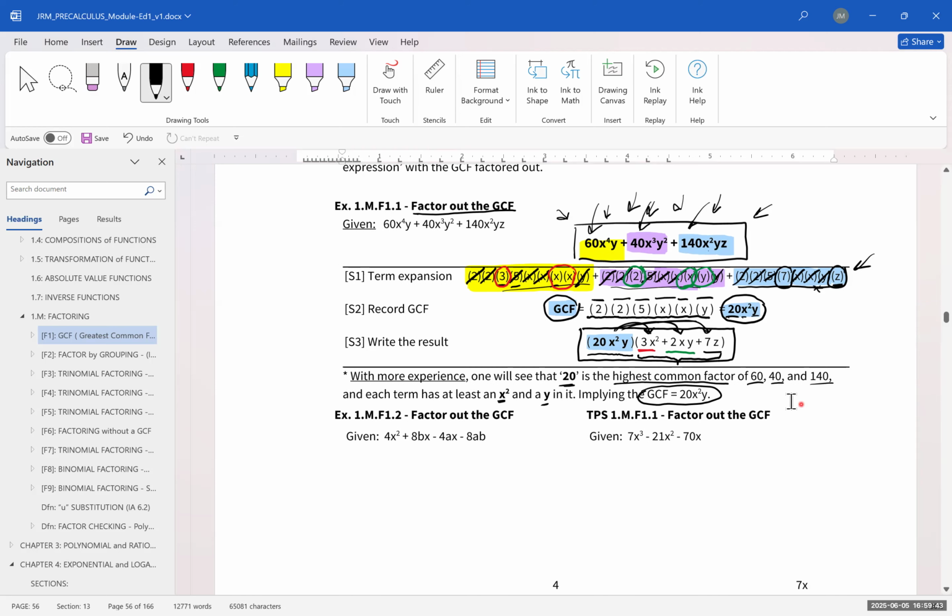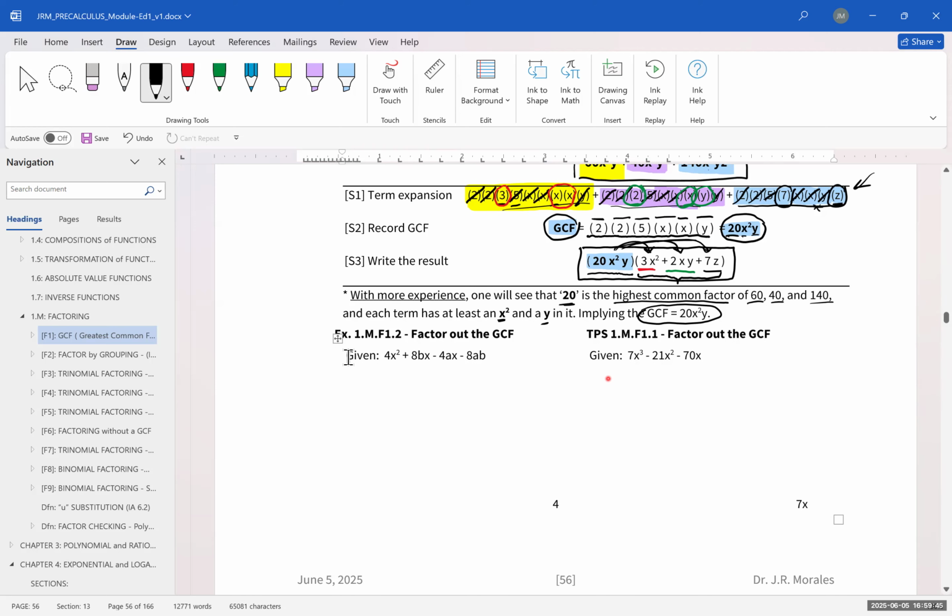So let's look at a few other examples here. The first example is to factor out the greatest common factor out of this polynomial. The first thing we want to do is write each term down as an expanded term, as a product of factors.